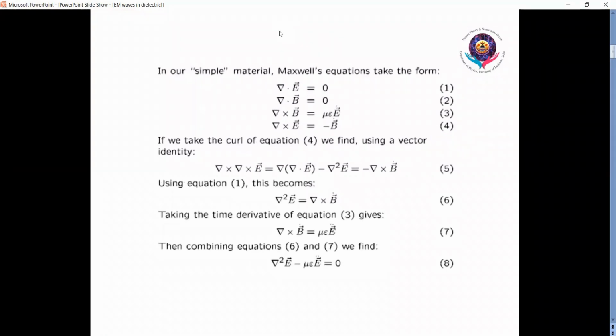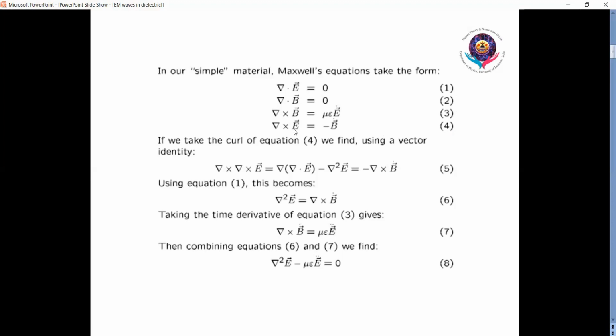We start with Maxwell's equations. These are the four Maxwell's equations that we have already studied, and substituting the charge and current densities to zero, Maxwell's equations reduce to these first four equations. We again take the curl of the fourth equation.